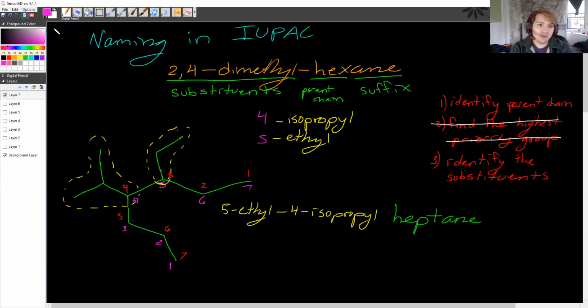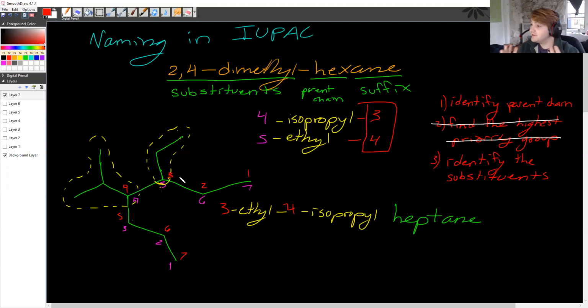But if we look at the red naming scheme, we notice we have 3 and 4. So we want to choose the numbers that are lower. And so what this should really be is 4-isopropyl, 3-ethyl. Does this make sense?